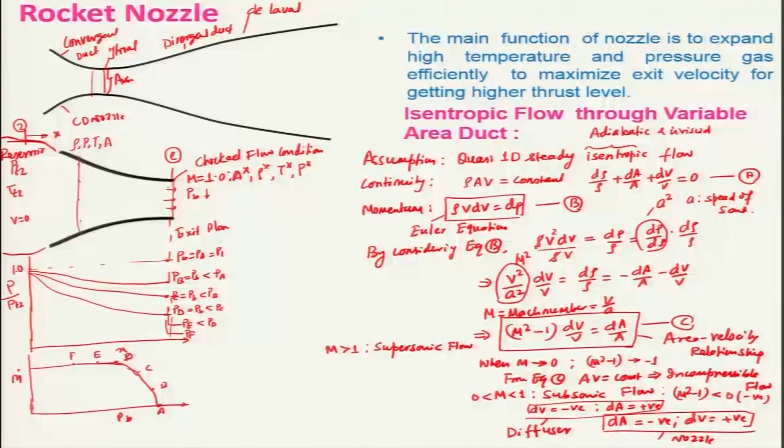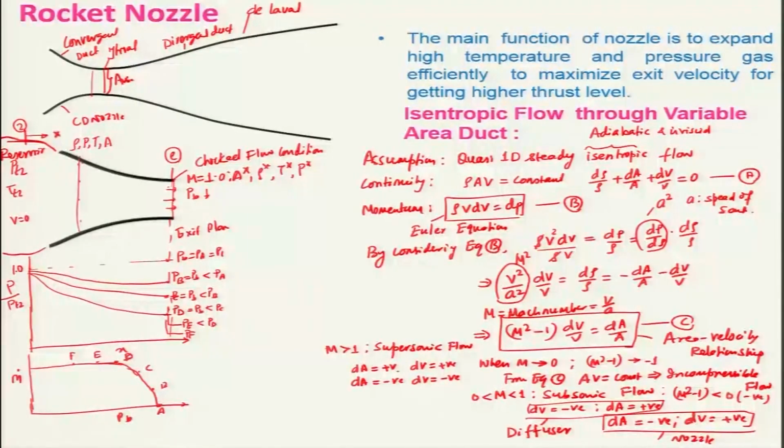That means M squared minus 1 will become positive, which says that if dA is positive, that means the area is increasing, dV will also be positive. If dA is negative, dV will be negative.